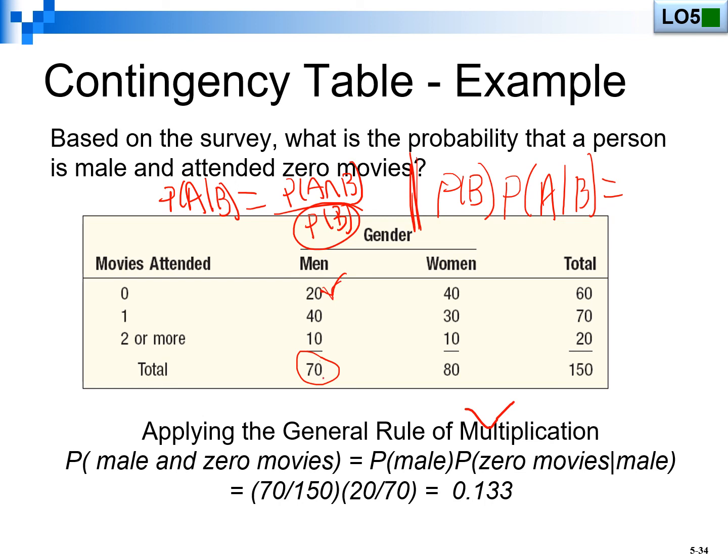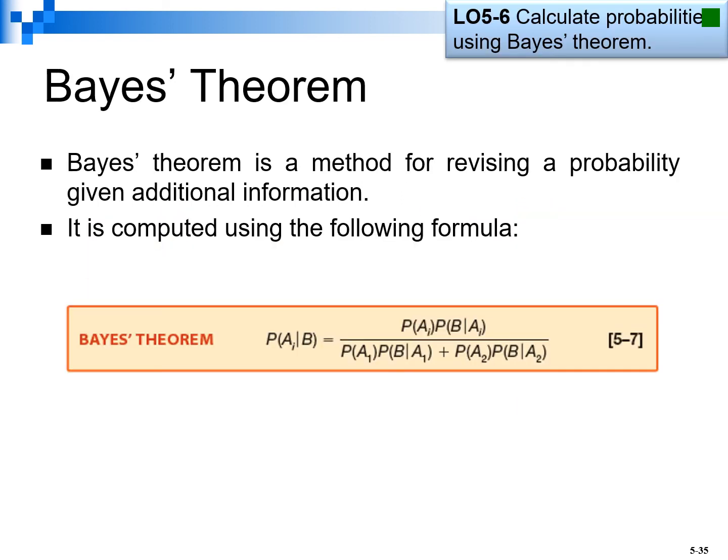And so when you multiply these out, that's going to give you what they call your intersection, in this case for dependent events. And they're showing you the calculations down here. Notice they took 70 divided by 150 multiplied by 20 over 70 to get the dependent intersection, which in this case would be 0.133.